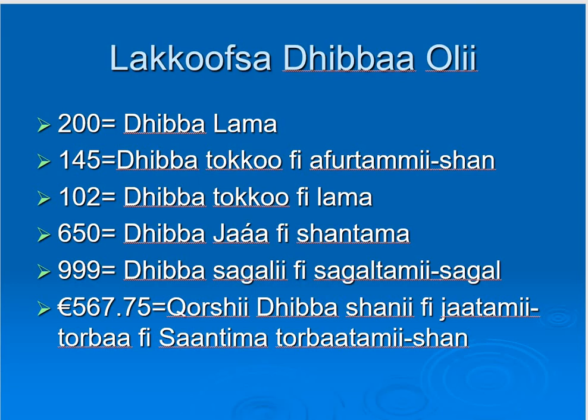If it is money: qarshii dhibba shaniif jaatamii torbaaf saantima torbaatamii shan. It's similar to saying 567 euro and 75 cents, that's how we say it in English, isn't it?